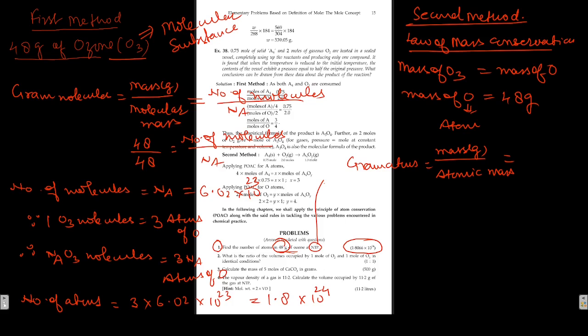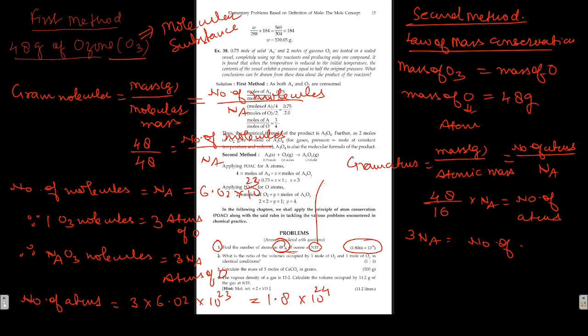This is equal to number of atoms upon Na. Mass is 48 and atomic mass is 16 into Na. This is equal to number of atoms.